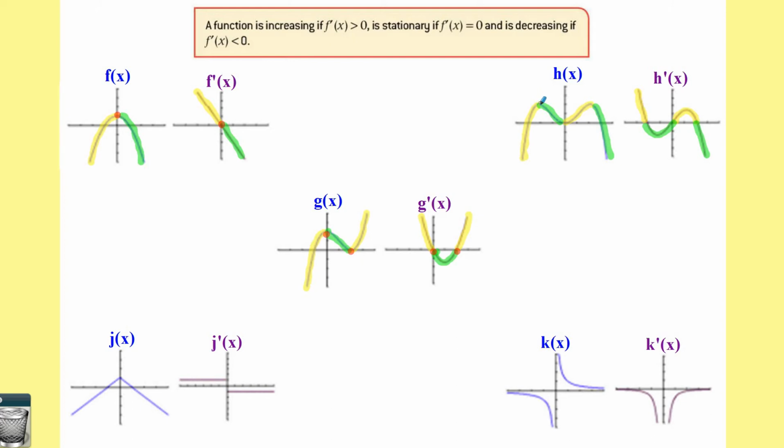All right, h of x has 3 turning points, so it's going to have 3 zeros on the derivative. This one has 1 turning point. Okay, so actually it's hard to see. Those are open circles. It should be right there. Sorry, the graph's gotten a little blurry.